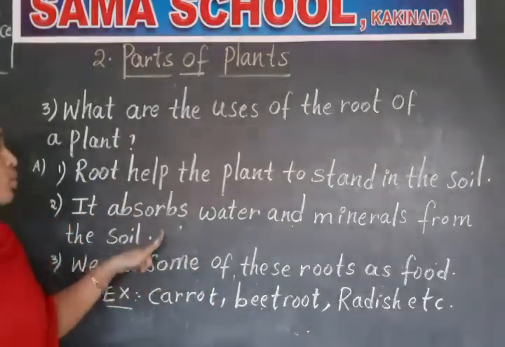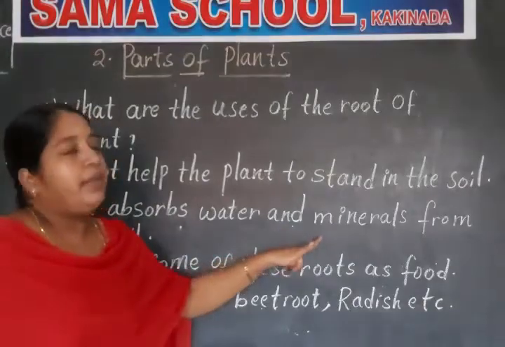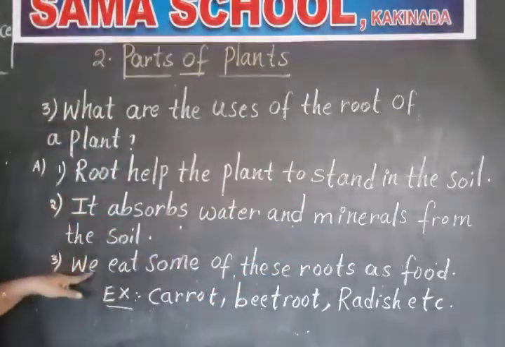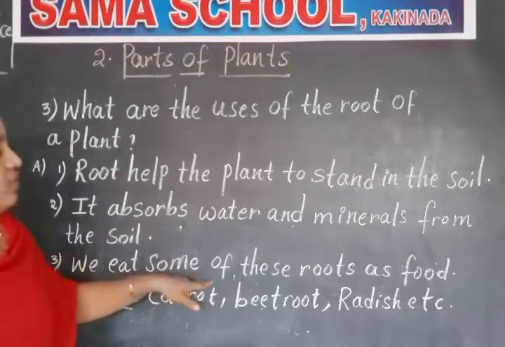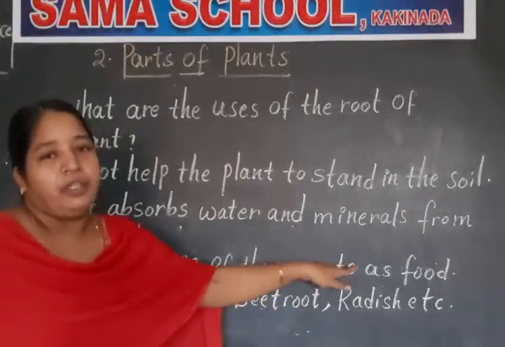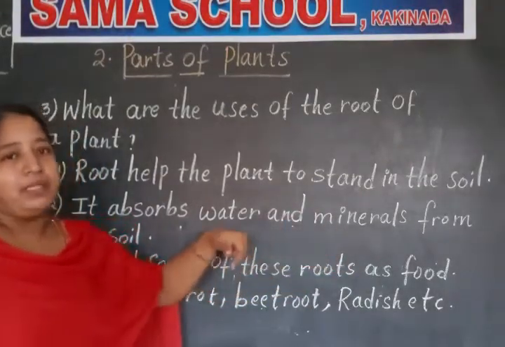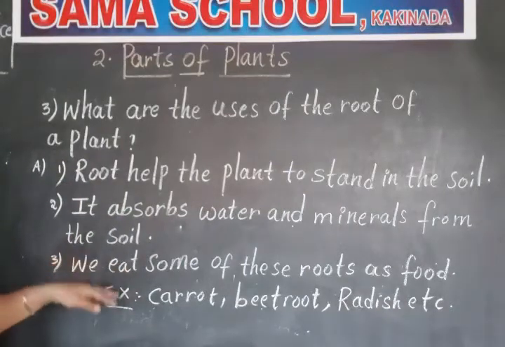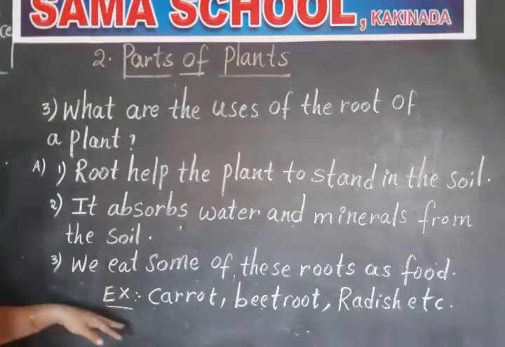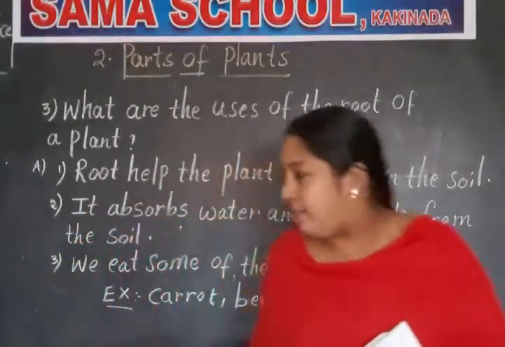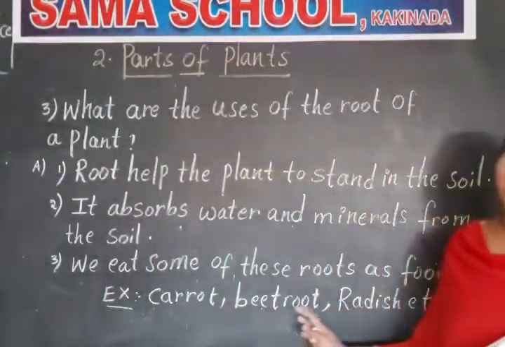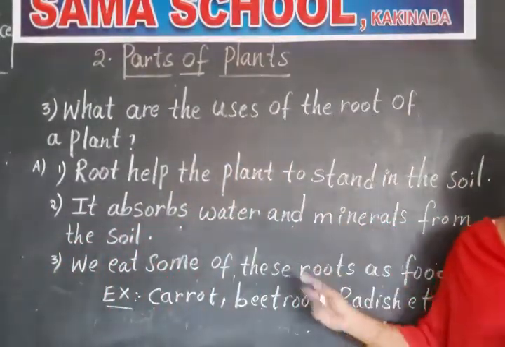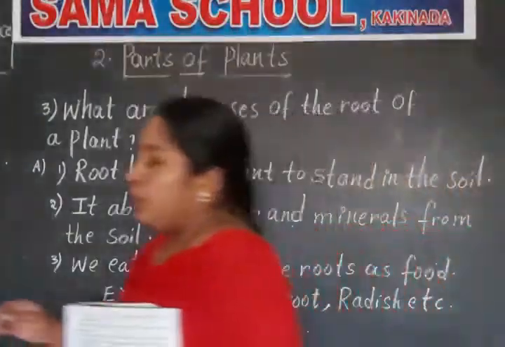And we eat some of these roots as food, that means as root vegetables, because some of the prepared food is stored in roots. So we eat those roots as root vegetables. Example, carrot, beetroot, radish, etc. Clear children? Okay, let's move into the fourth question.